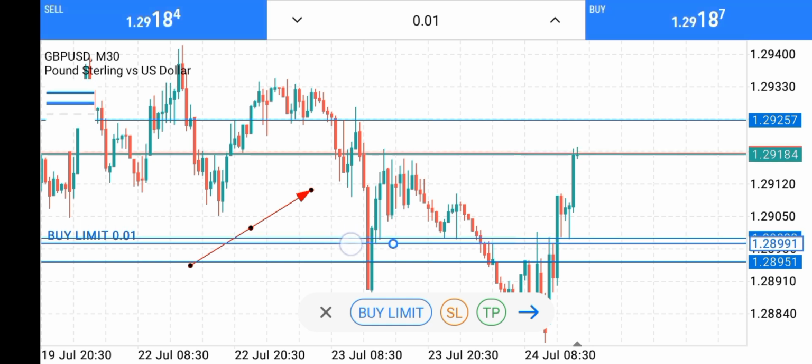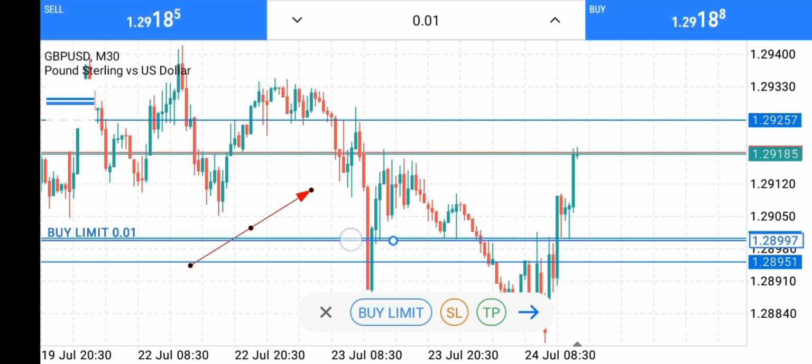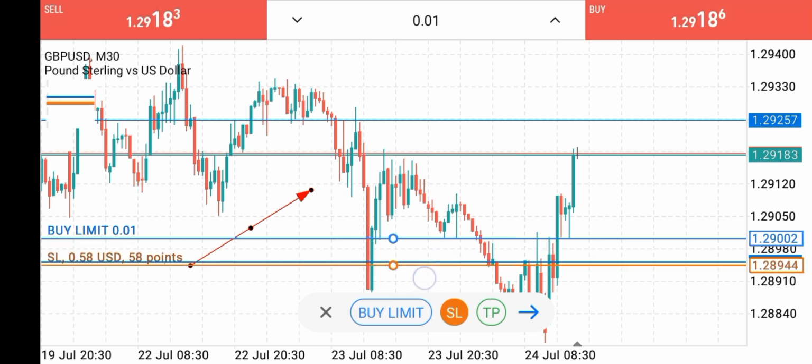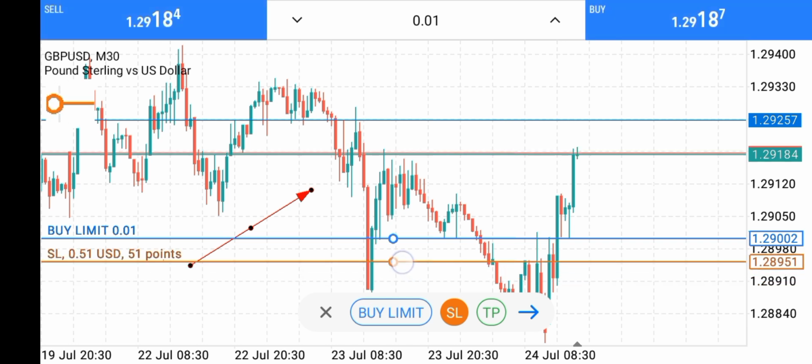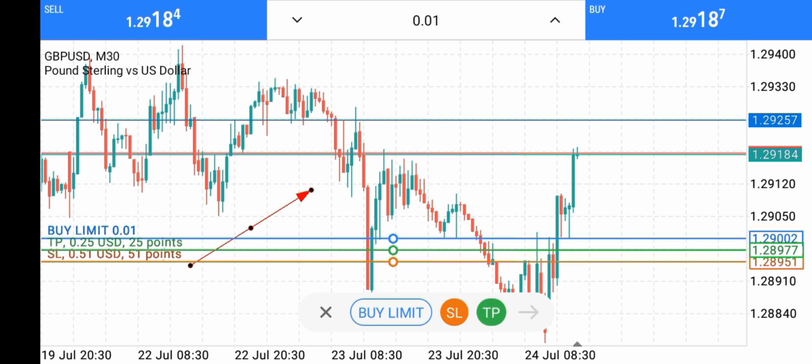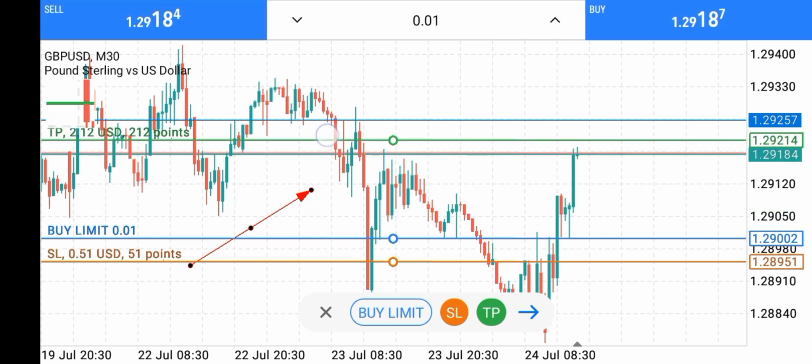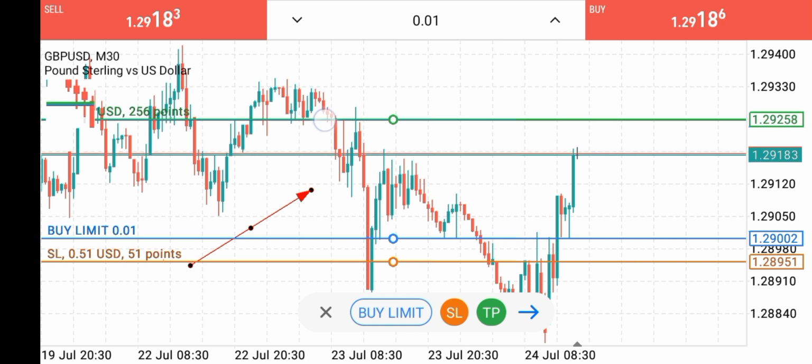This is the area you placed your buy, and this is the area you placed your stop loss. And for your take profit, as I explained, this is the area you set your take profit.